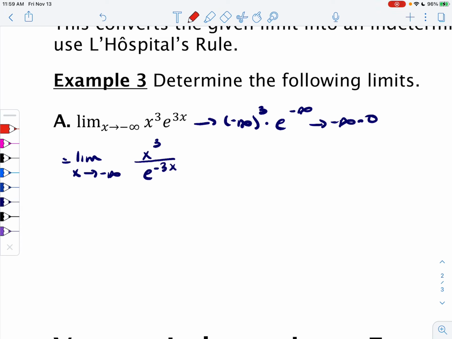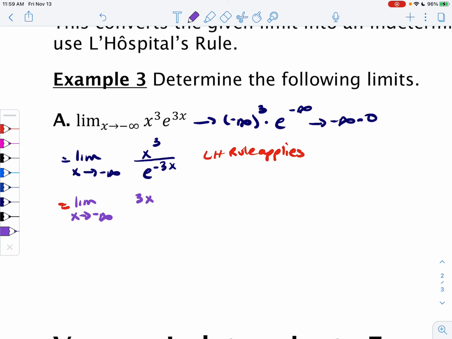And we know that L'Hopital's rule applies because we will end up with an infinity over infinity there. So I'm going to apply my L'Hopital's rule, and I get that this is equal to the limit as x goes to negative infinity of the derivative of the top is 3x squared. The derivative of the bottom involves the chain rule, and we end up with minus 3e to the minus 3x.